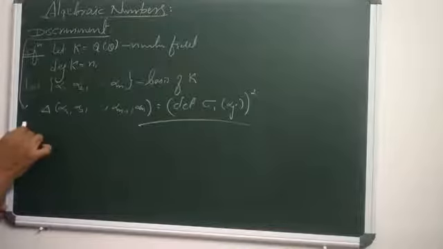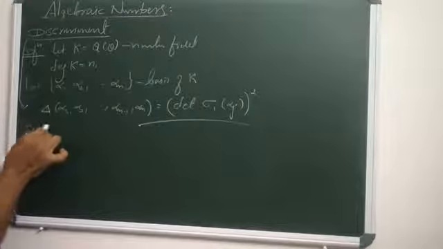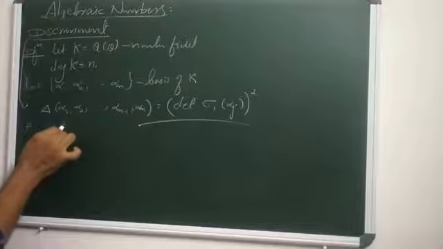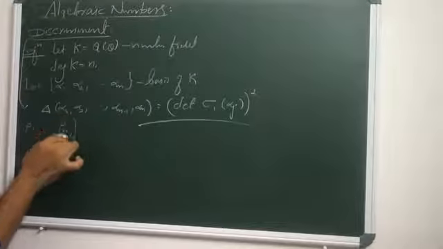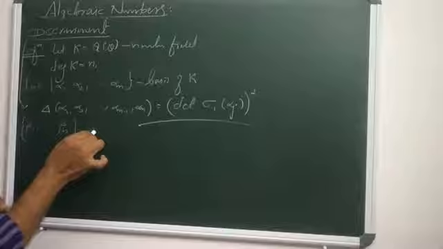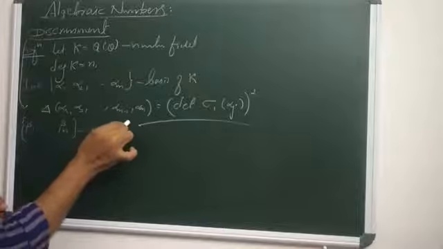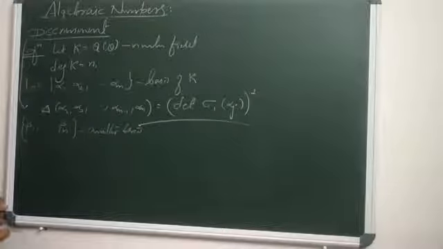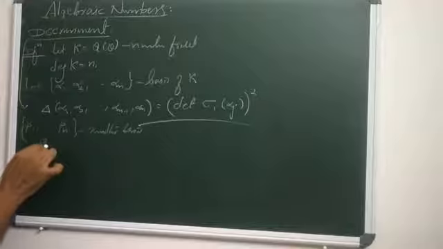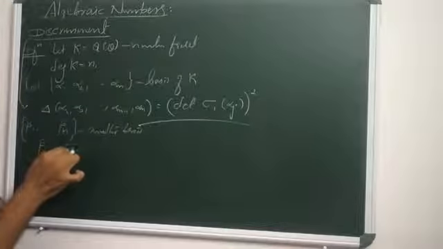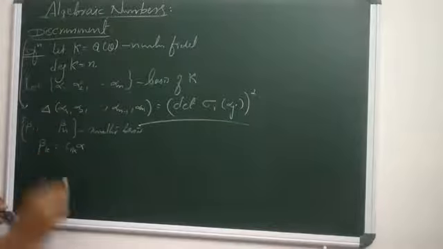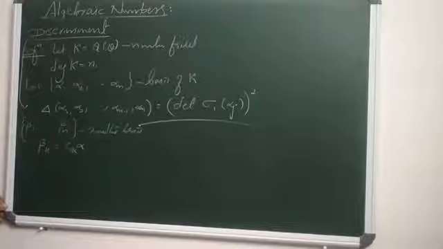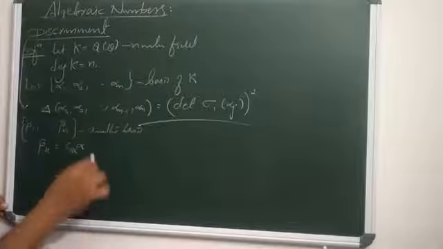Suppose there exists another basis, beta 1, etc., beta n. Then we know that beta k equals the sum of C ik into alpha j.